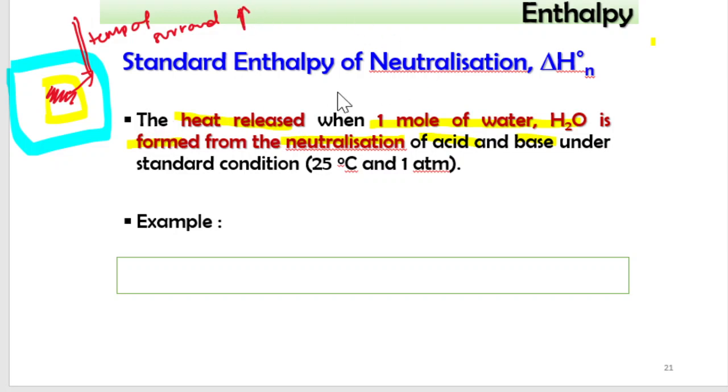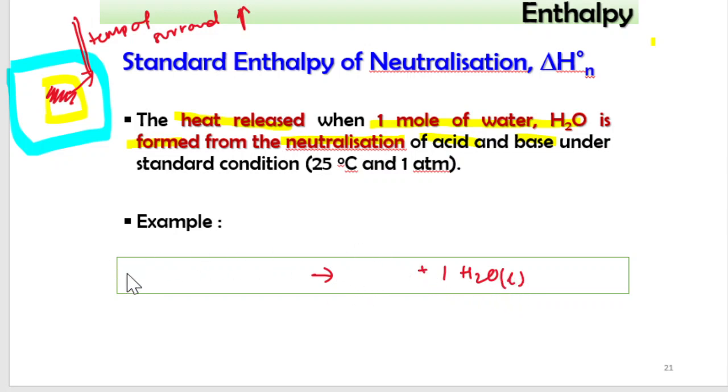That is why when you hold the conical flask, you feel it is hot, slightly warm, because heat is being released when you react acid and base. When you want to write the thermochemical equation for enthalpy of neutralization, it must be 1 mole of water, and your salt.